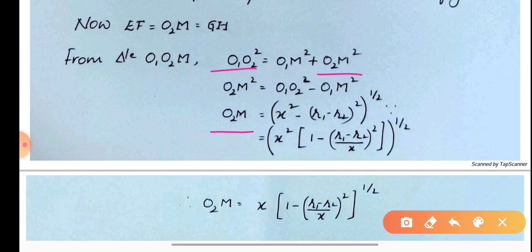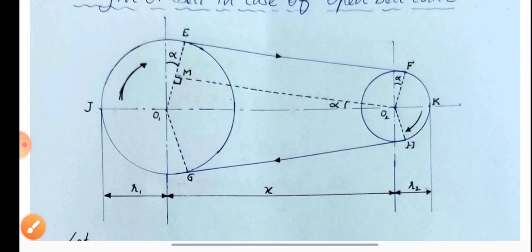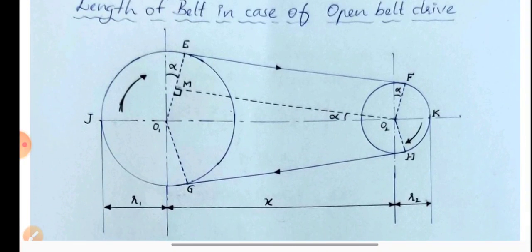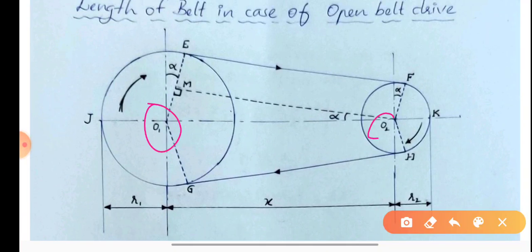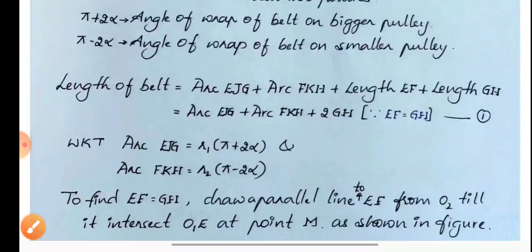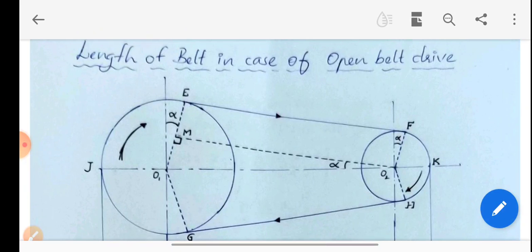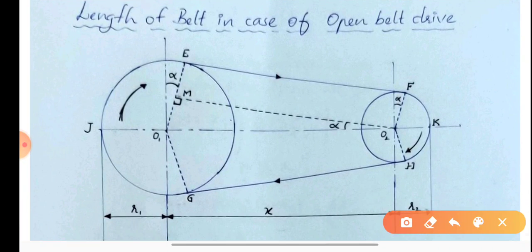So what is O1 O2 here? If you look at the figure, what is the center distance between O1 and O2? It is nothing but x. So I have written x square minus, what is O1M? We know O1E is nothing but the radius R1.